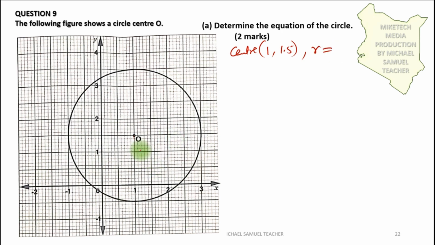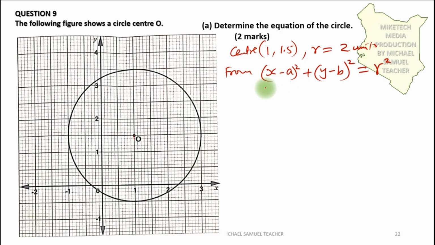For our case, the radius is 2 units. Therefore, from the general equation, (x minus a) squared plus (y minus b) squared is equal to r squared.